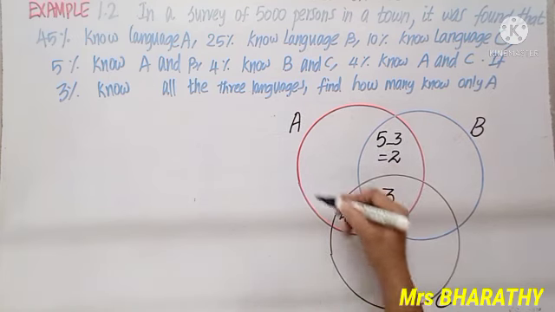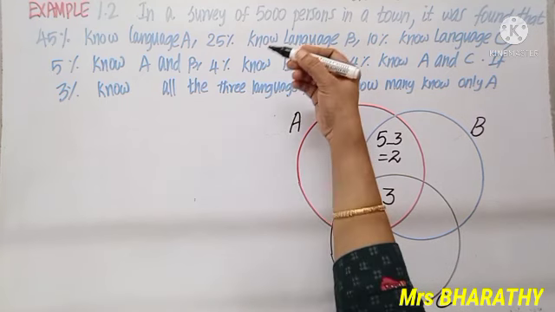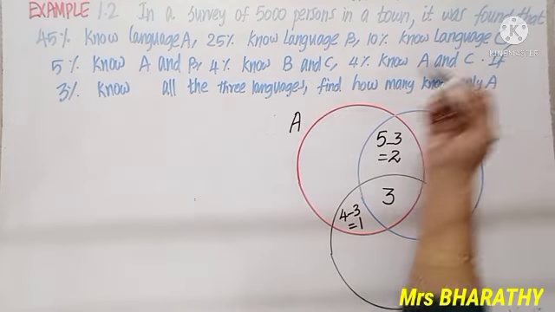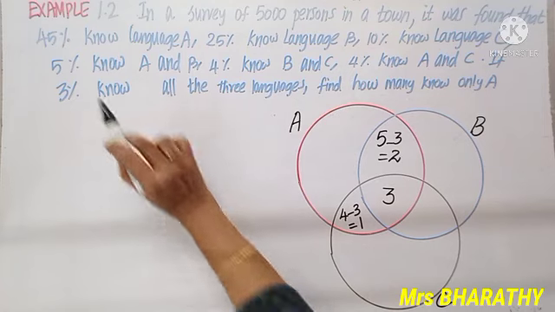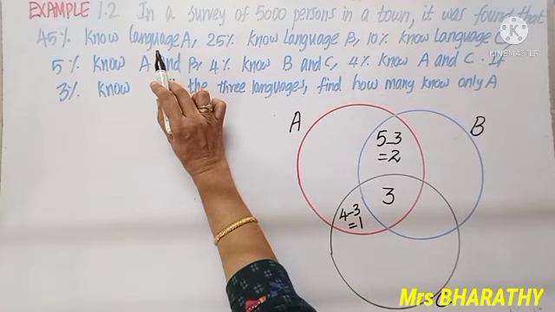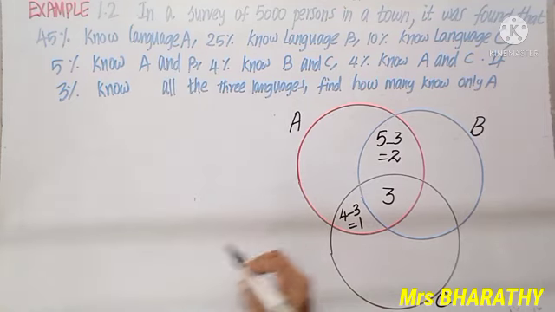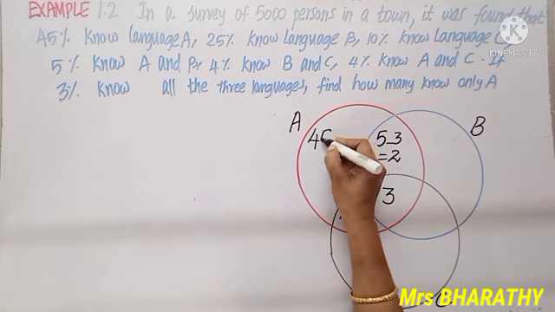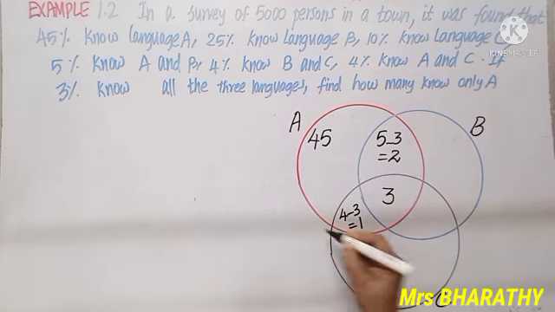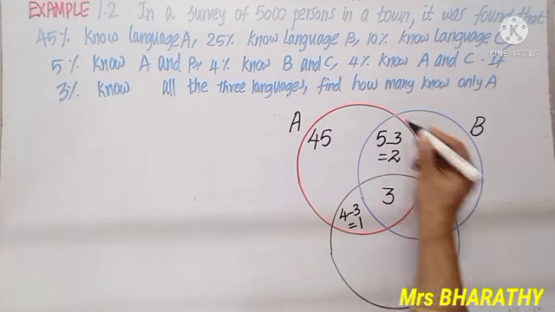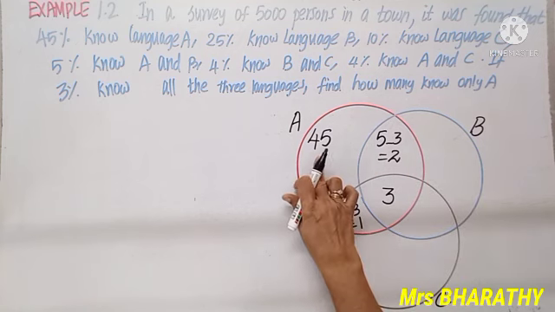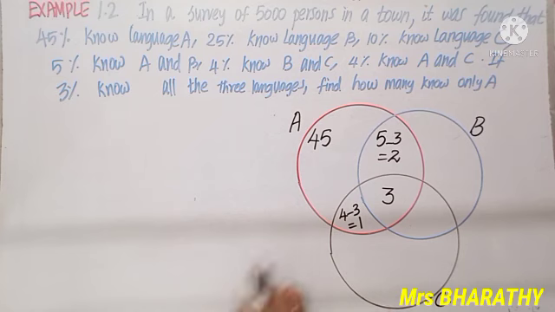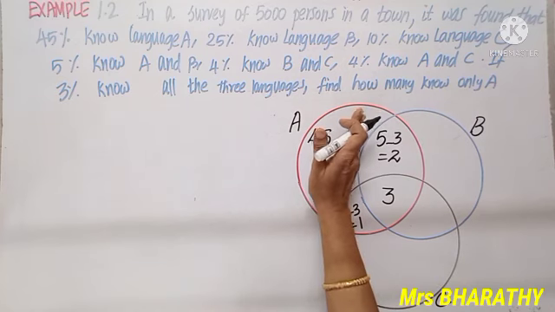Now what about A? The previous line, let us go. It was found that 45% know language A. So this is totally 45 for the full red circle. The full set A consists of 45%. In that, I want only this portion.